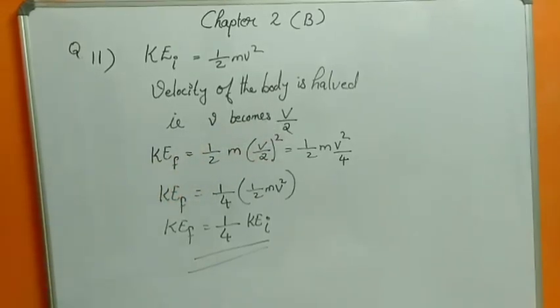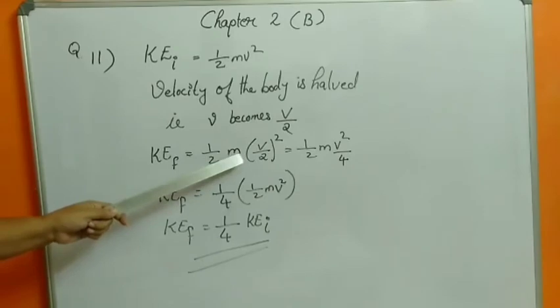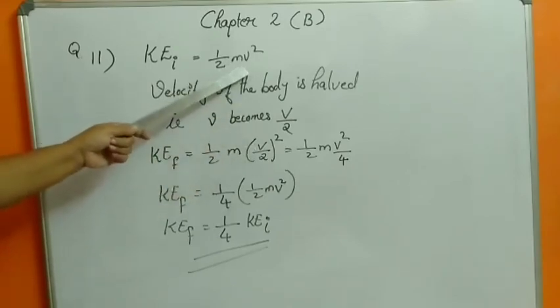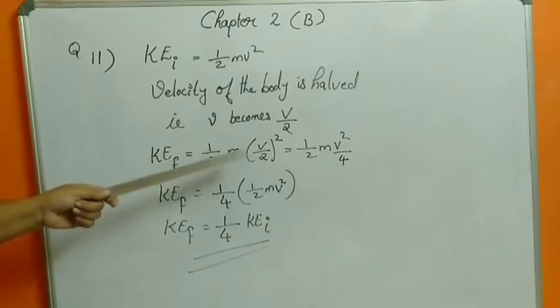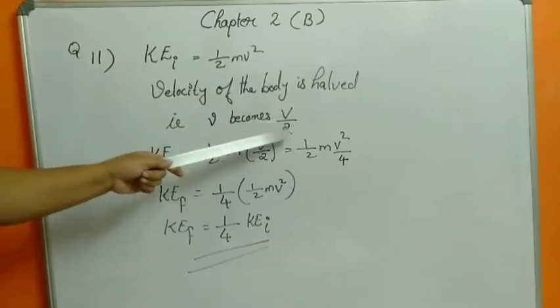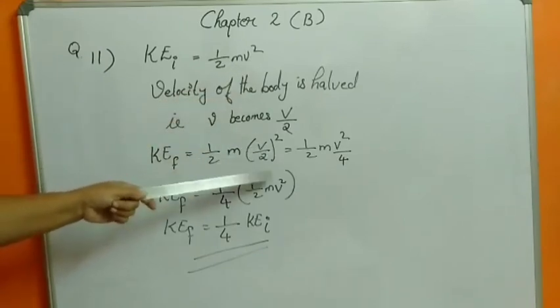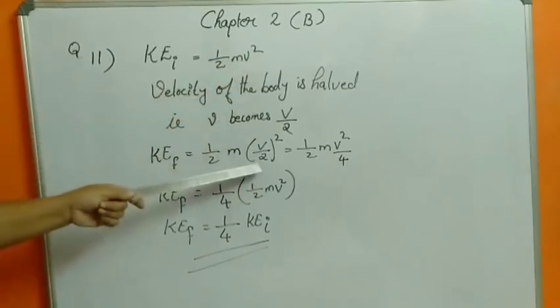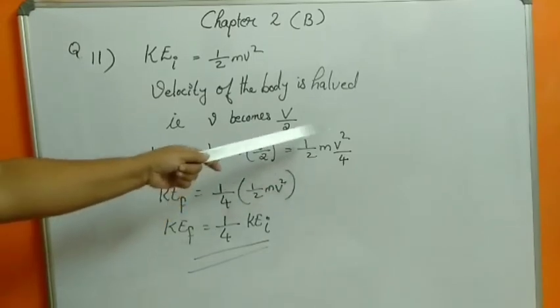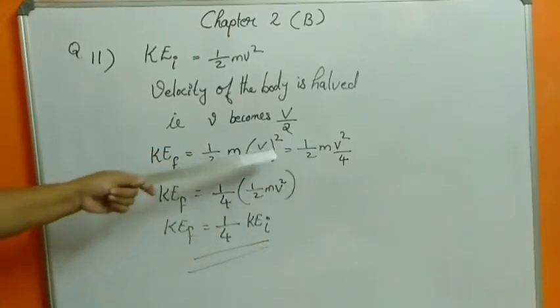Then what will happen to its final kinetic energy? Final kinetic energy is equal to half m, and instead of this v, which is the initial velocity, in the question it is mentioned velocity is half. So instead of v square, we write v by 2 all square. Now changing the bracket, we will get half m v square by 4, since 2 square is 4.